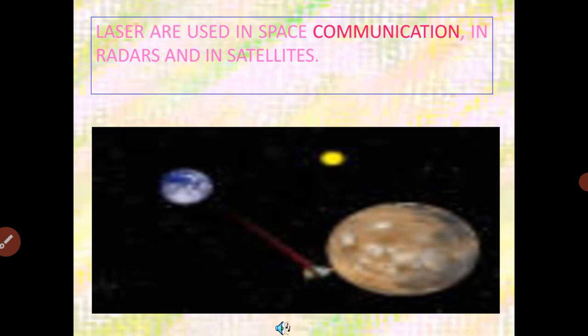They are employed as high-speed transmitters in digital and analog fiber optic networks. Lasers can travel a distance of about 720 miles, that is 1160 kilometers. Due to this high range of laser light, lasers are very useful in the field of space communication, radars and satellites.